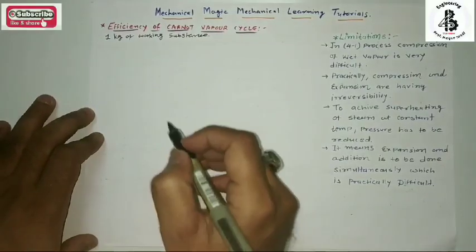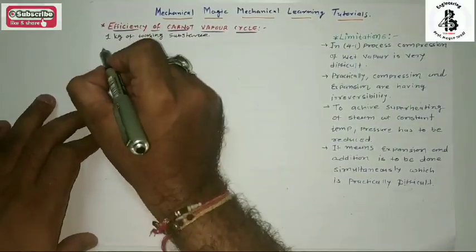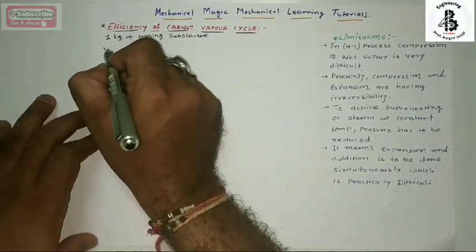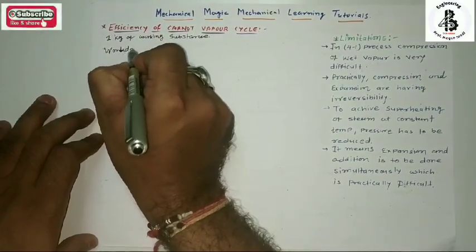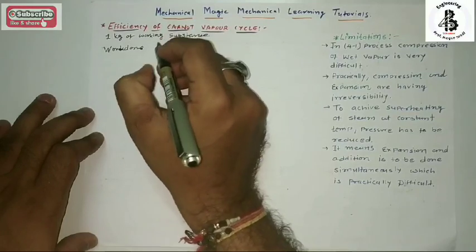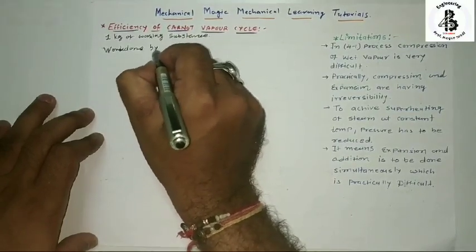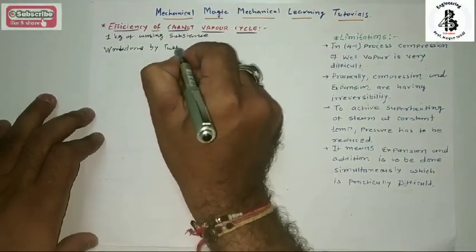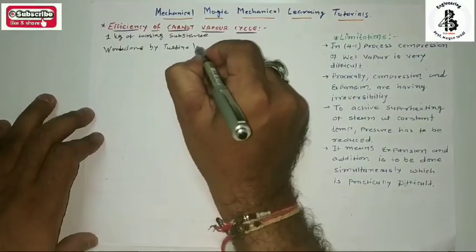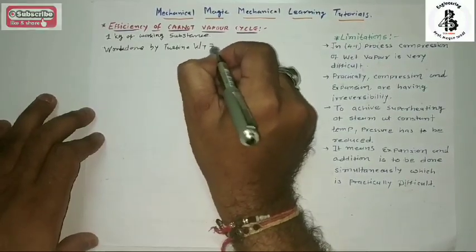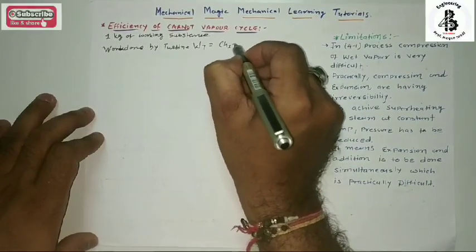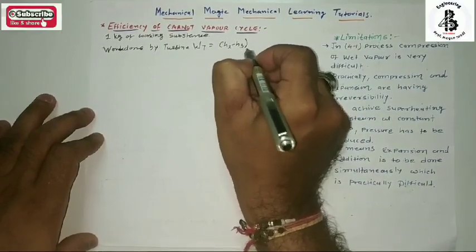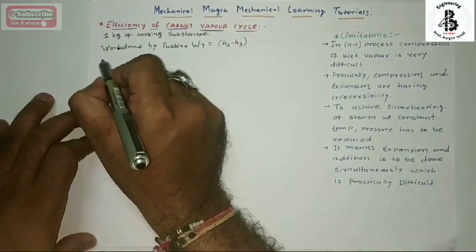Generally, the work done by the turbine, or you can say WT, will be equal to H2 minus H3.